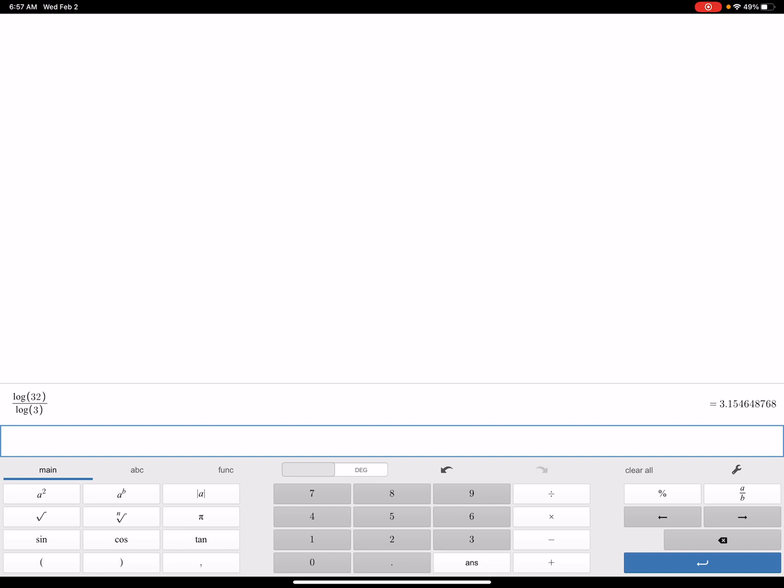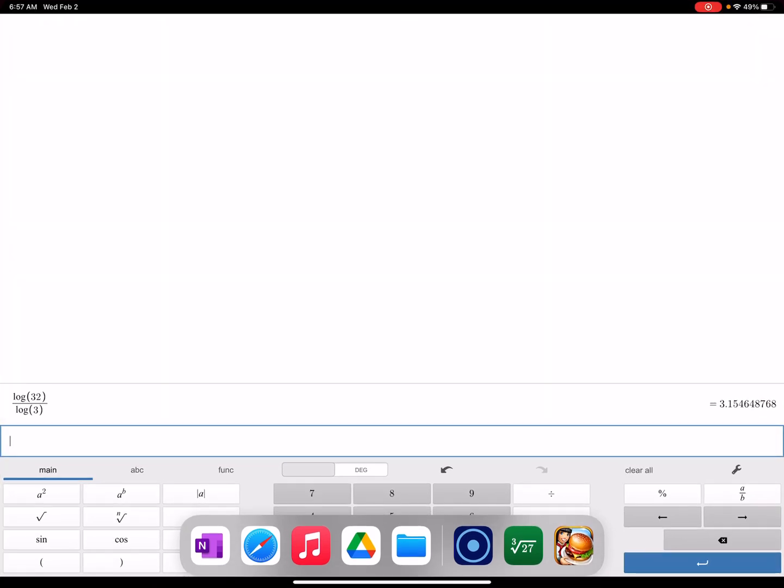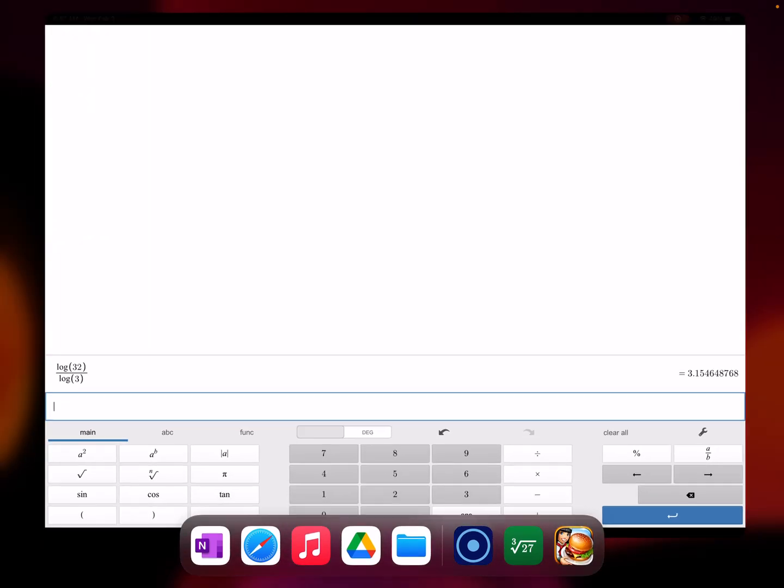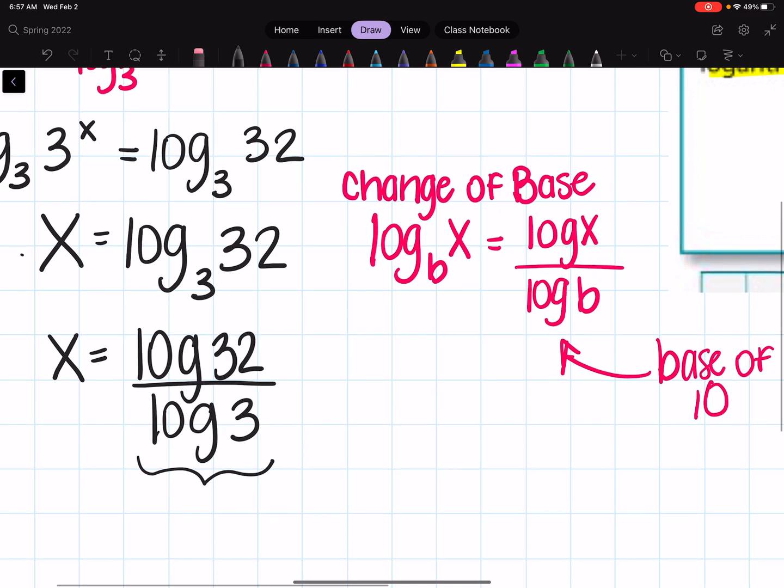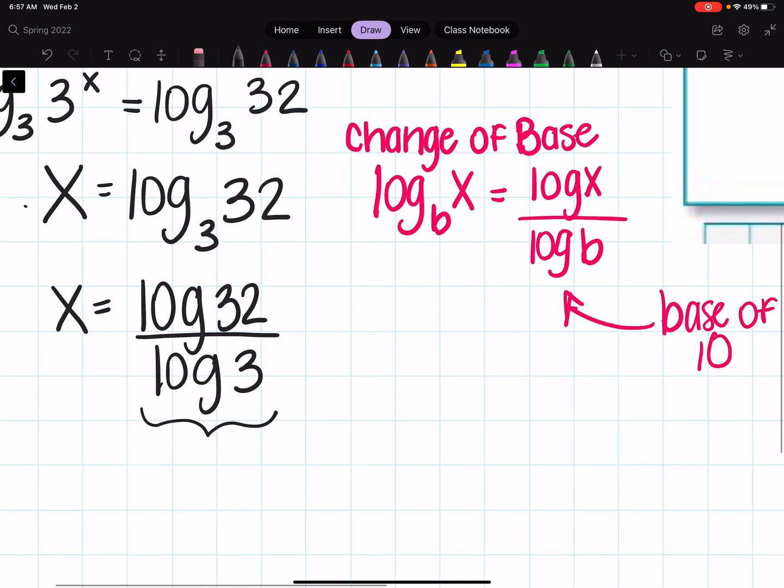And you can see that we get 3.14 with a long line of decimals. We're going to round it to 3 decimal places. So we get that x is equal to 3.155.